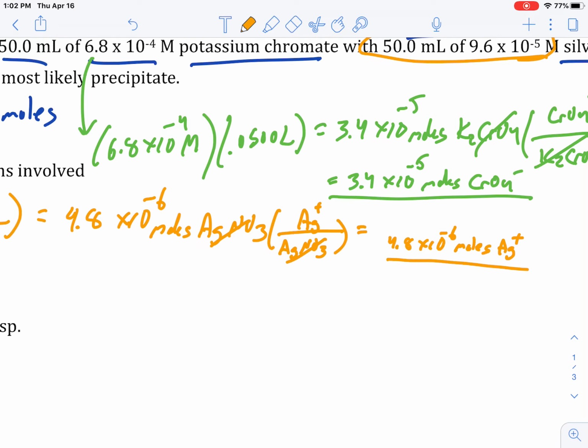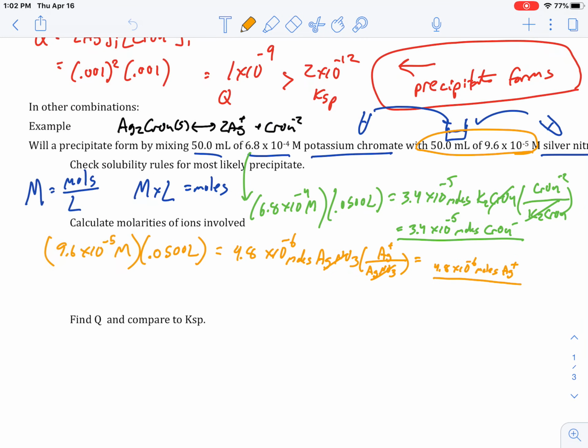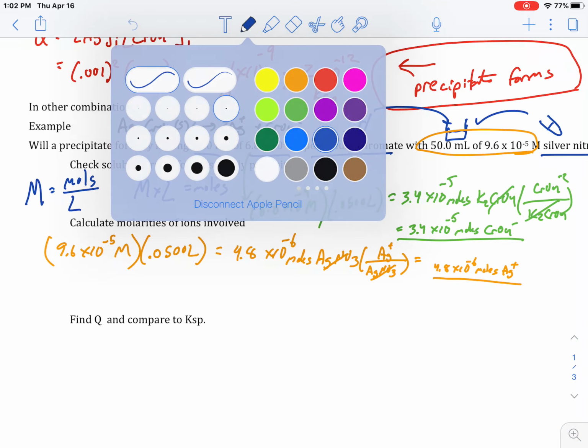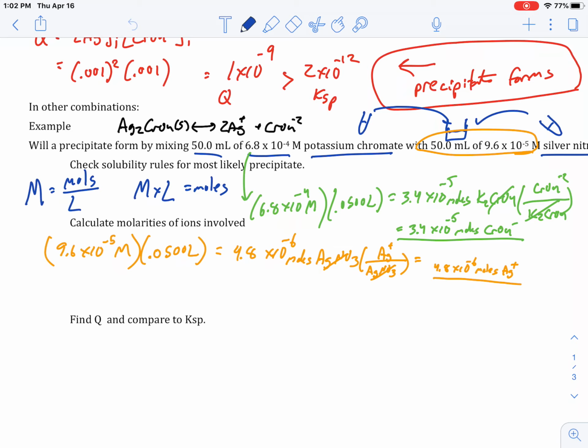Those are the moles, but in order to do Q, we need molarities. Molarity is moles over volume, and our total volume is 100 milliliters because we added 50 milliliters plus 50 milliliters. So we divide each of these moles by 0.1 liters.